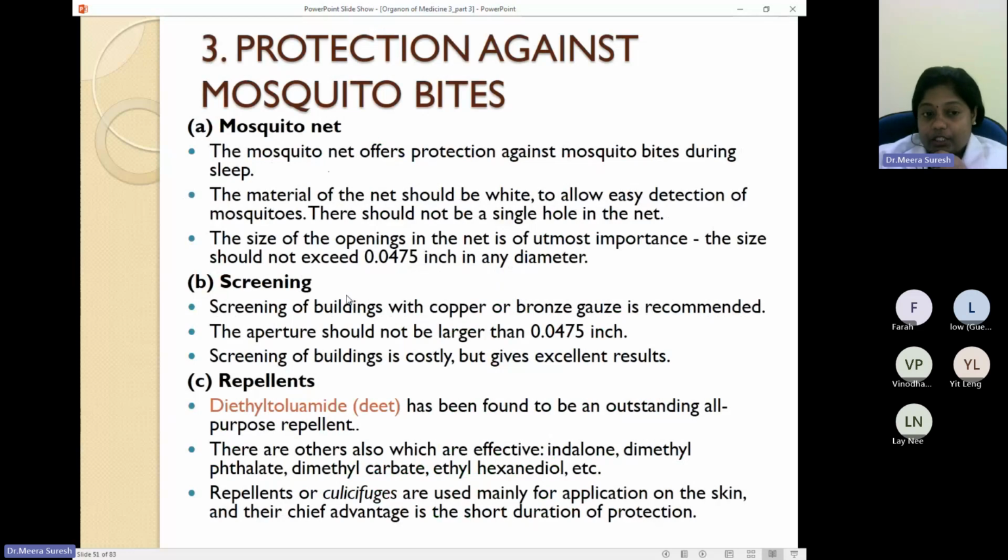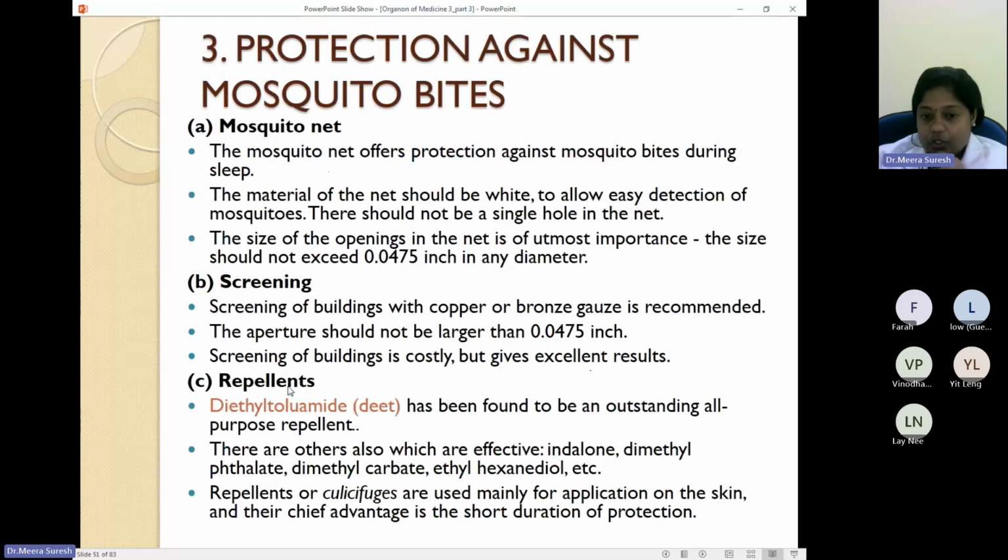Then we can use the screeners, the window and also the door screeners, especially with copper or bronze. And that also shouldn't be more than 0.0475 inches, it is the same size actually. This is costly but gives excellent results.